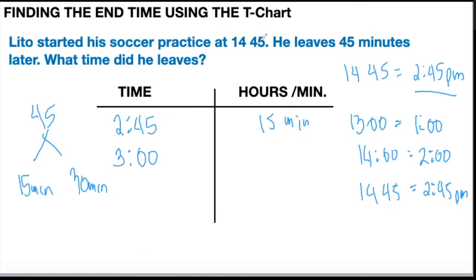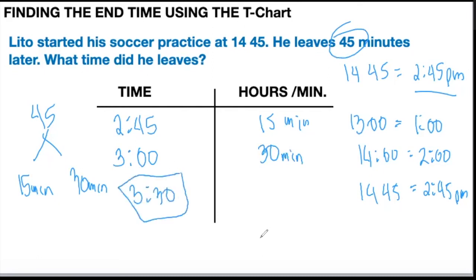And then to complete the 45 minutes, we now add the 30 minutes. And that is 3:30 p.m. So the 15:30 hours is just the same as 3:30 p.m.